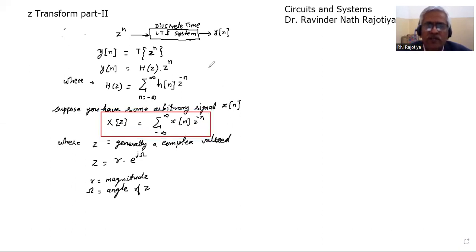So if I mark this as equation number 1, equation 1 is a two-sided, or bilateral, Z transform.